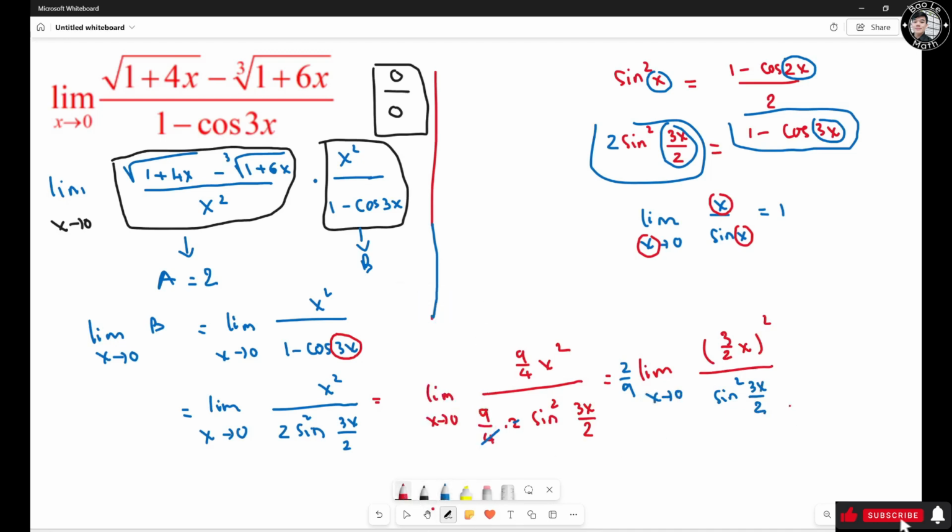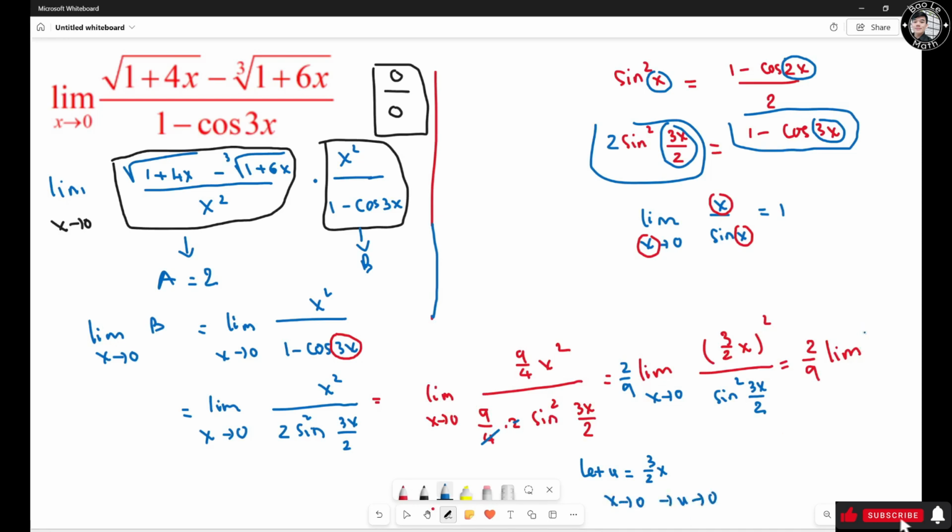Now this one can be written as 2 over 9 times the limit. When s approaches 0, 3 over 2 s still approaches 0. So I'm going to let u equal 3 over 2 s. Then when s approaches 0, u approaches 0.